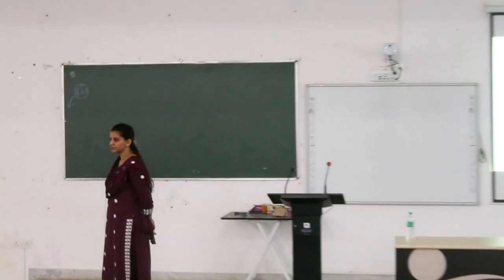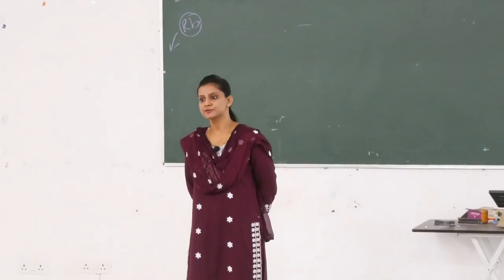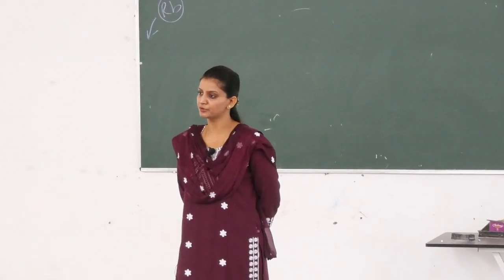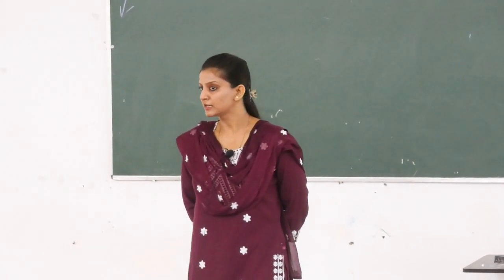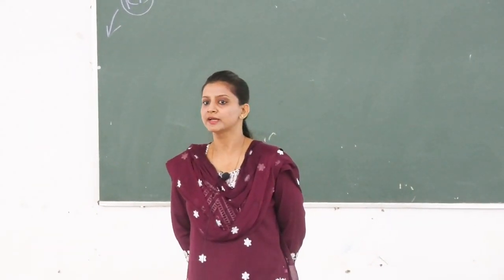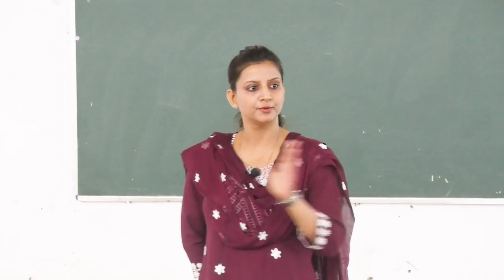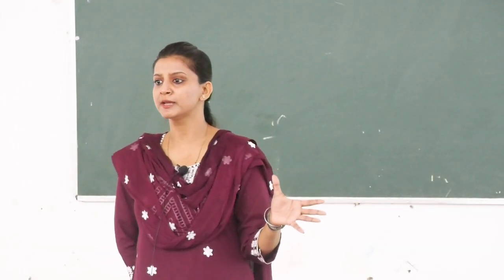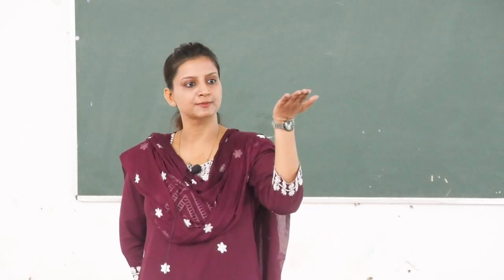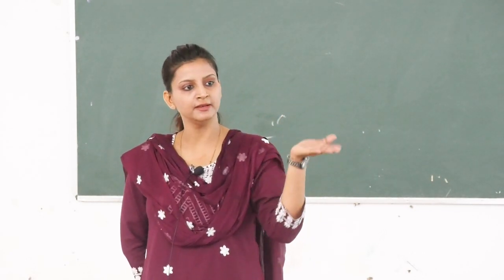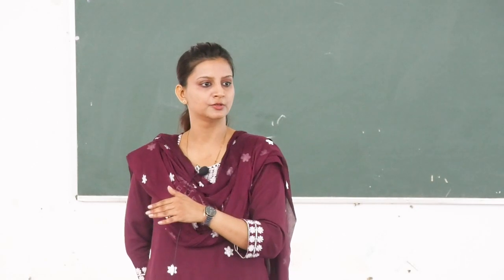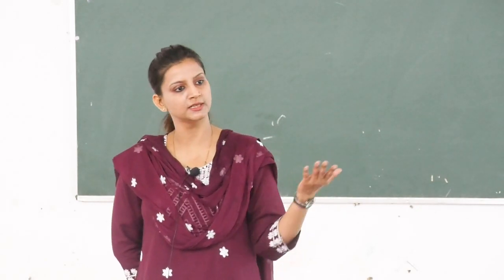Competitive and non-competitive. In competitive, substrate and inhibitor act at the same site; in non-competitive, they are different. Competitive is again of two types, equilibrium type and non-equilibrium type. Equilibrium type means if you increase the substrate concentration, it will go and bind and you will get the response of the substrate.